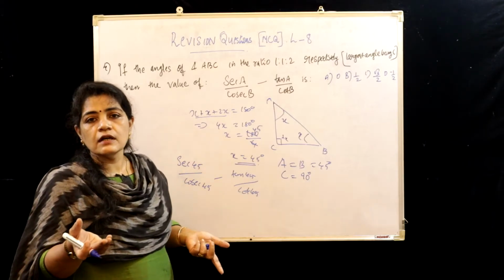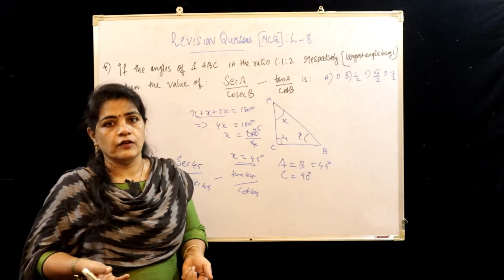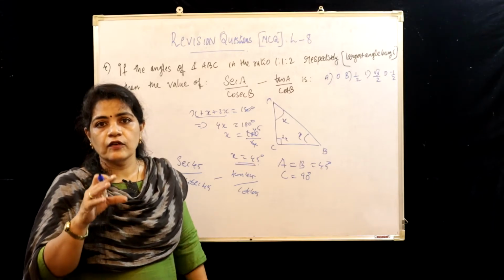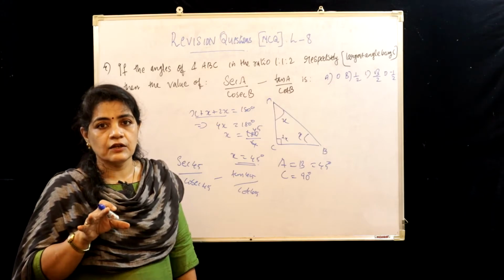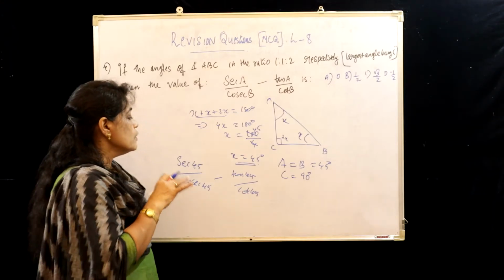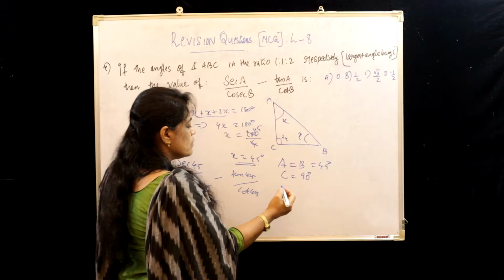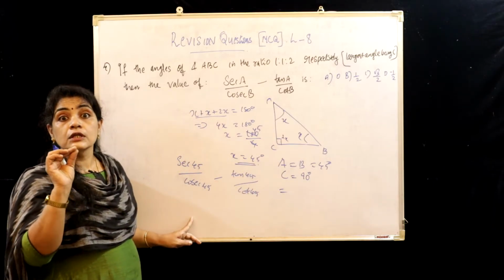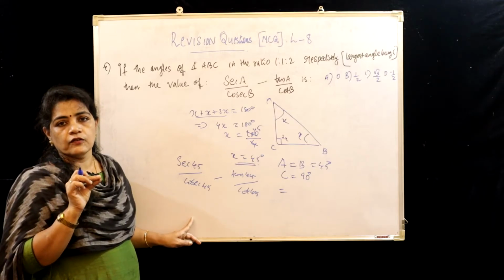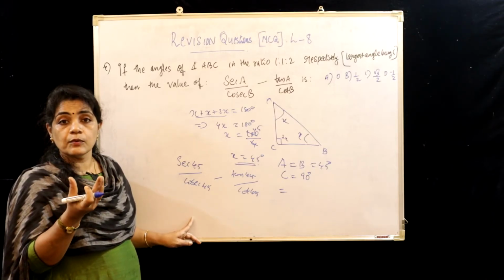Sec 45 is the reciprocal of cos 45, right? And we know that sin 45 and cos 45 both are equal to 1 by root 2. Children, learn the values of the six trigonometric ratios for acute angles. So sec 45 is root 2, the reciprocal of cos 45, that is 1 by root 2, whose reciprocal is root 2.